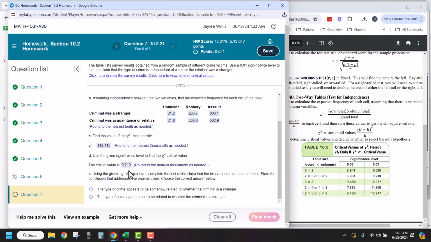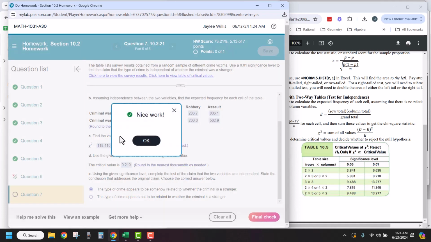And since our chi-squared was bigger than that, we would reject our null hypothesis, which is that the relationship of the criminal is independent or doesn't relate to the type of crime. And we would say that there is evidence to support the claim that the type of crime appears to be somehow related to whether the criminal is a stranger or not. And that's how you would do a two-way table hypothesis test.